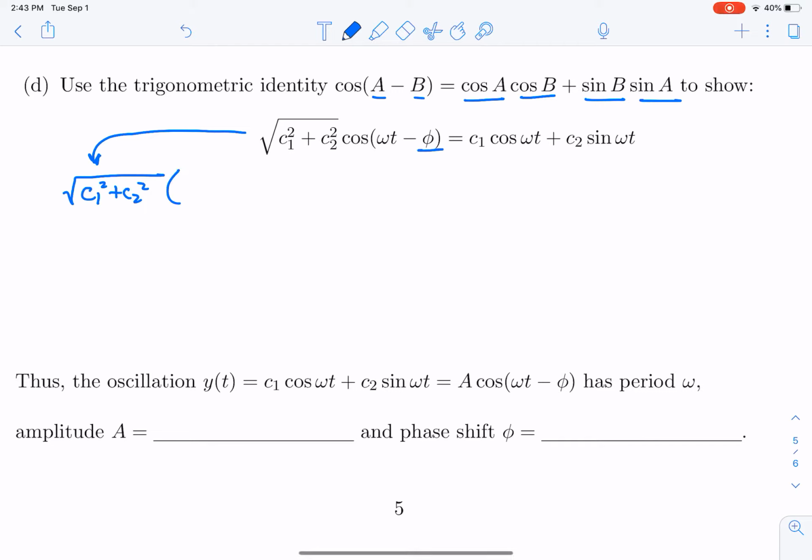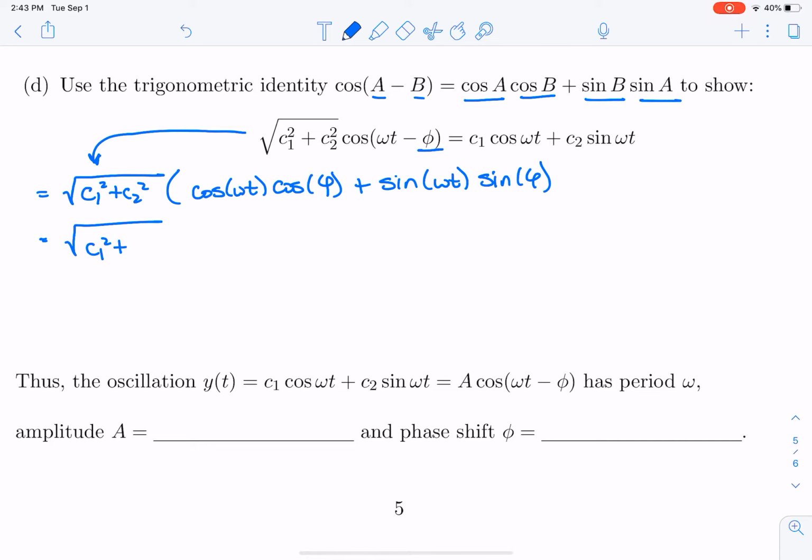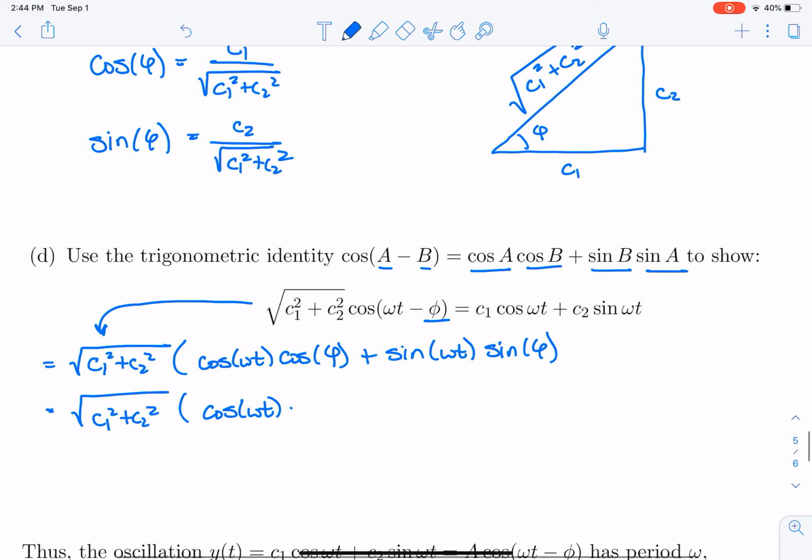So I'm going to get cosine of omega t, cosine of phi, plus sine of omega t, sine of phi. Now, let's take the cosine of omega t and multiply it by what the cosine of phi was. I'm going back up for a second.